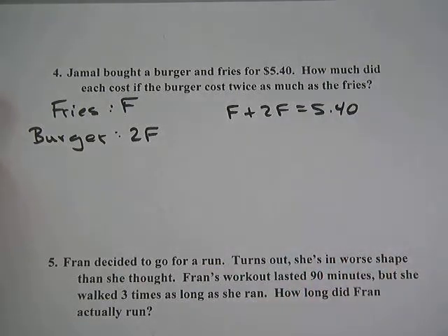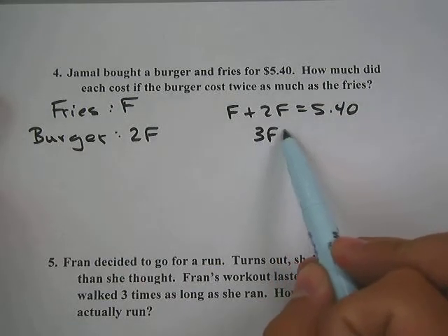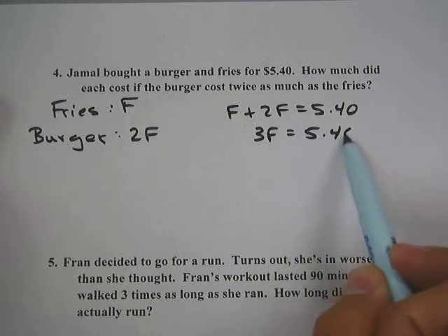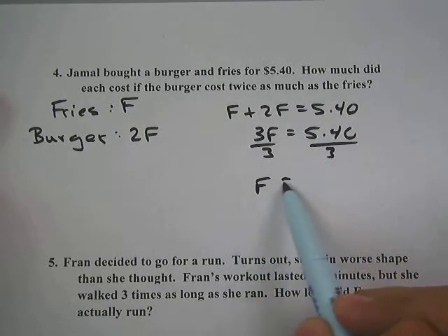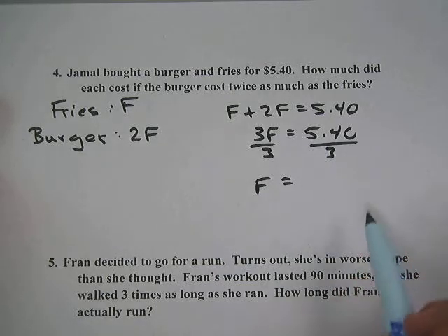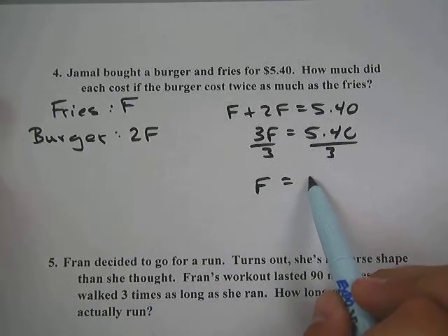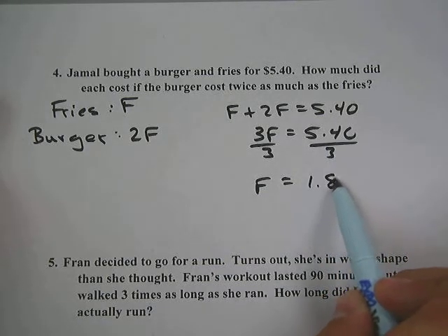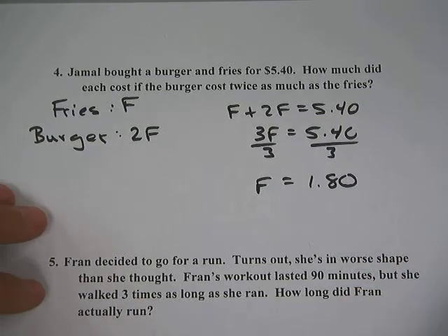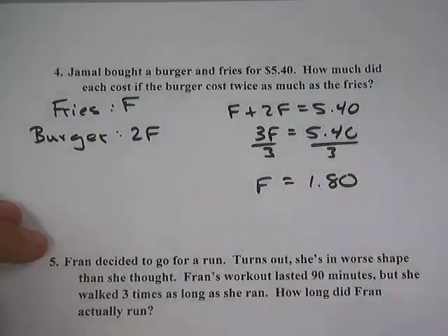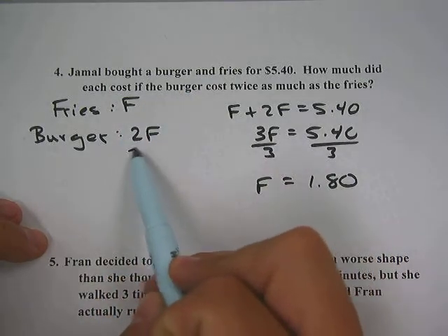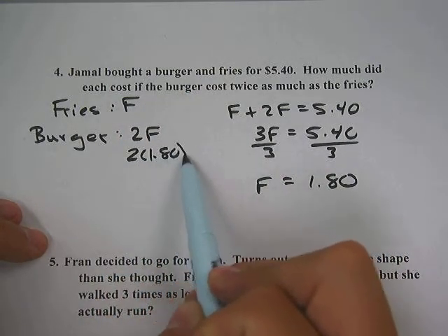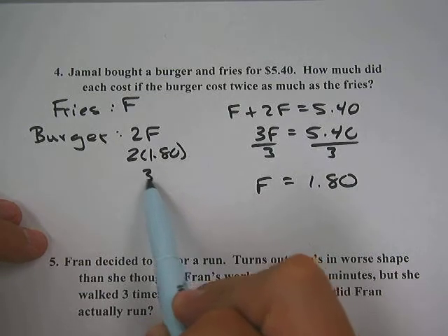Okay, so it says Jamal bought a burger and fries for $5.40. So that means F plus 2F has to equal 5.40. So that means 3F equals 5.40. Divide by 3. F equals, let's see if I can do this in my head. Let's see, it's $1.80. So it says, how much did each cost?